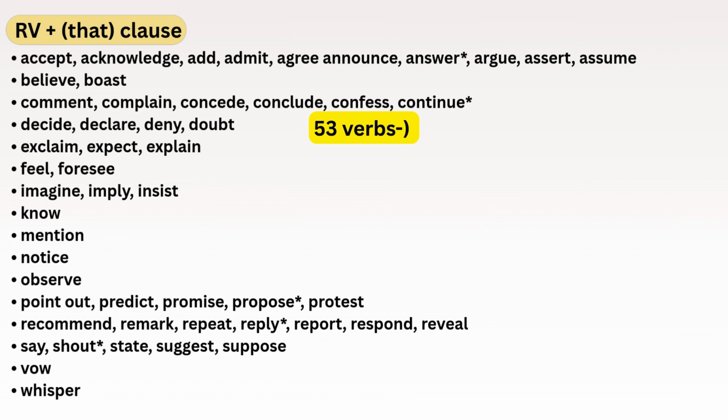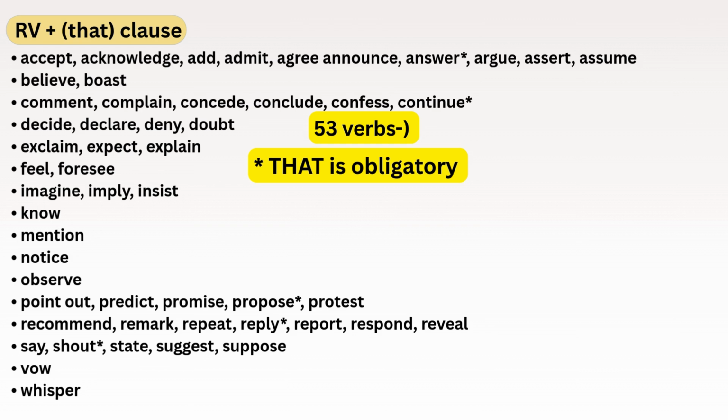So that's why I decided to list all of them. Some of them, as you can see, are marked with an asterisk, this kind of star-like sign. And that means that after those verbs, we tend not to omit that. Even though in speech people sometimes omit it, it's not recommended.